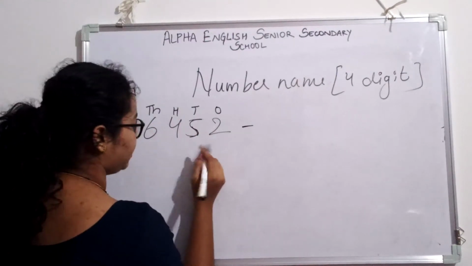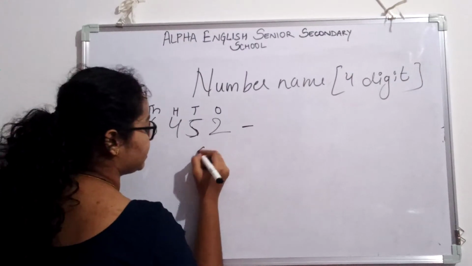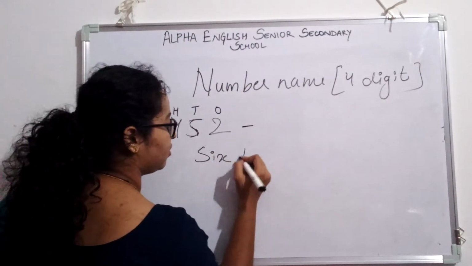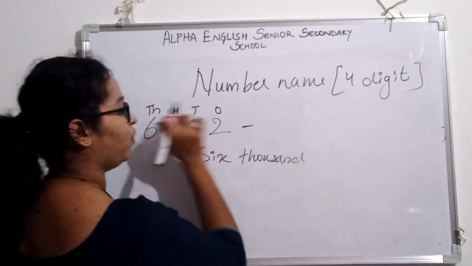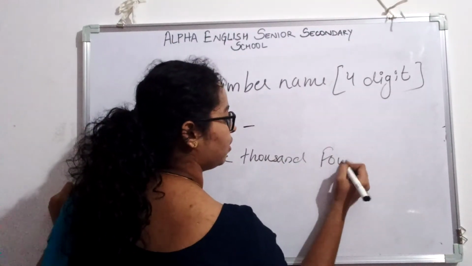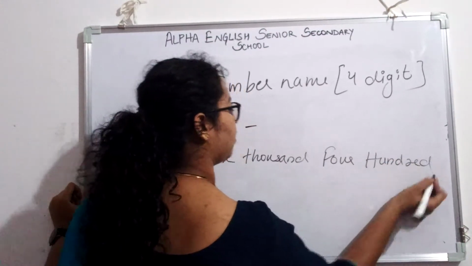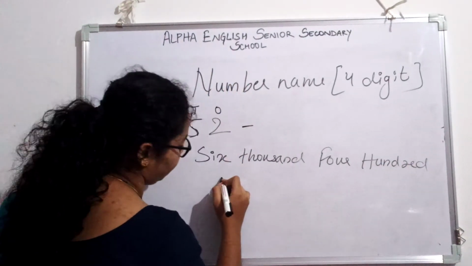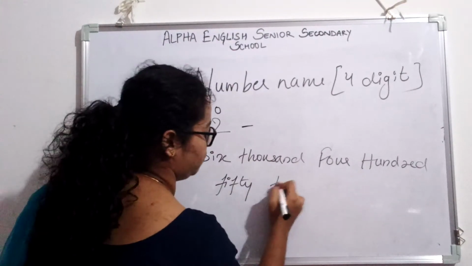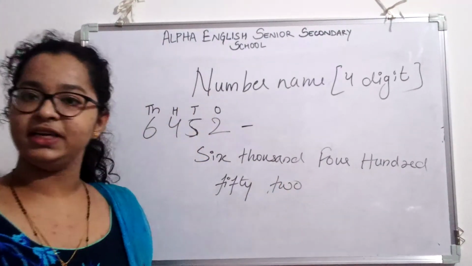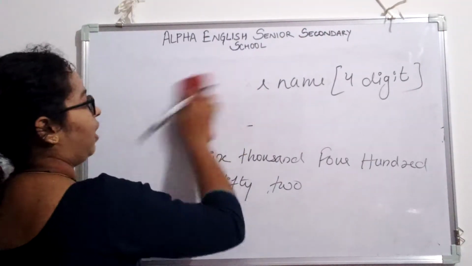Like 6000, because 6 is on the thousands place, then 6400, 52. Got it? Nice. Now let's move on.